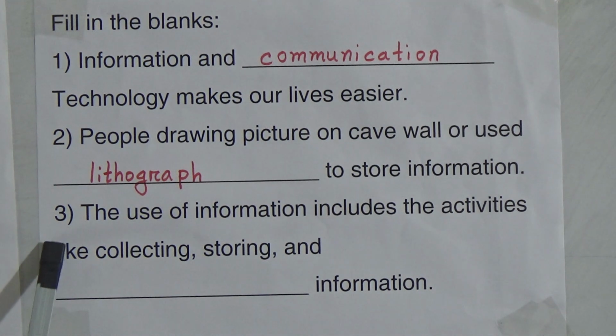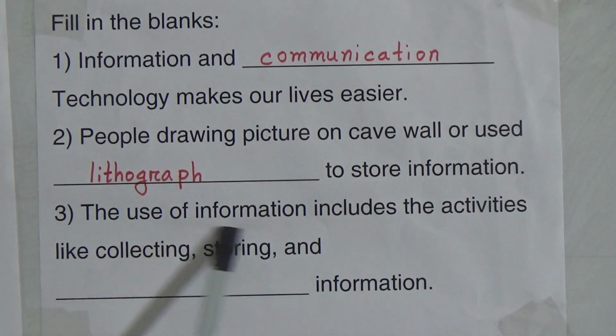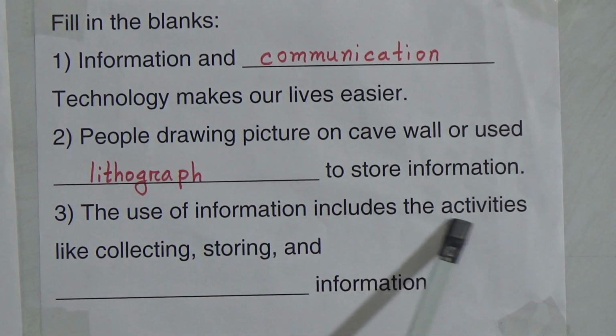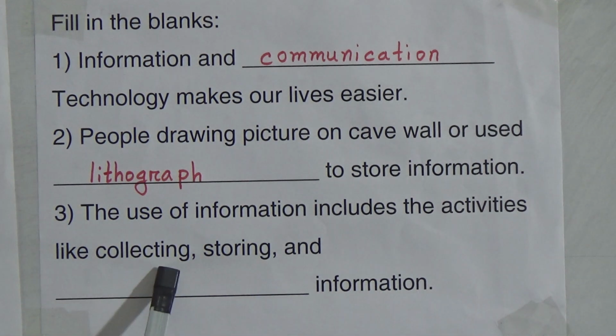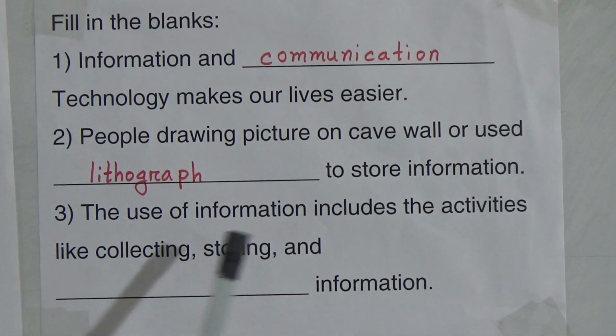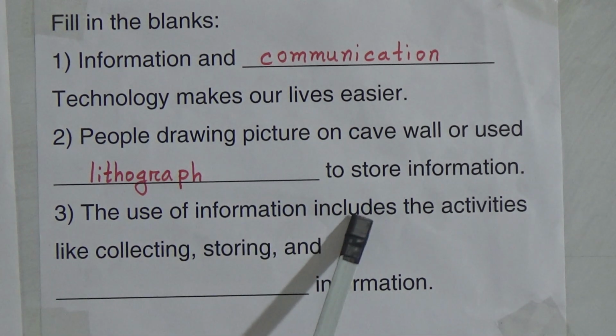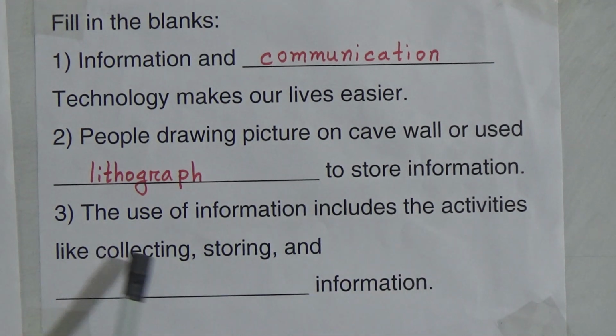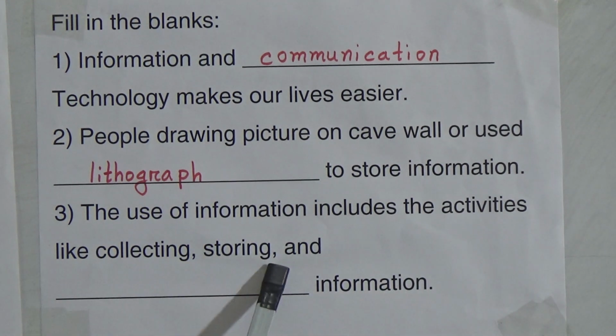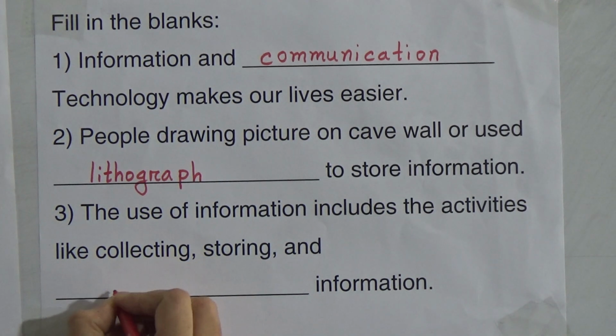Number 3 fill in the blanks is: the use of information includes the activities like collecting, storing and dash information. What will be the answer? The use of information includes the activities like collecting, storing and exchange information. The answer will be exchange.